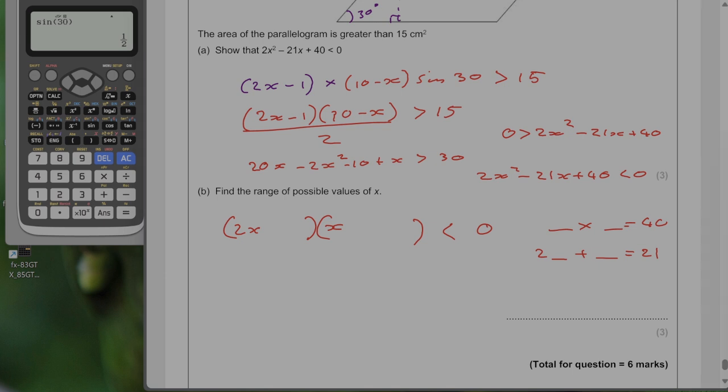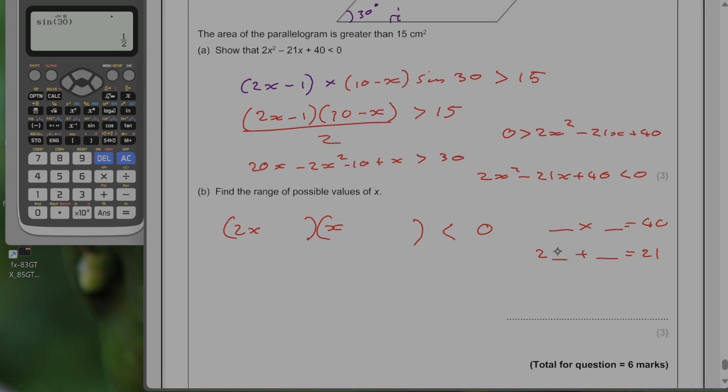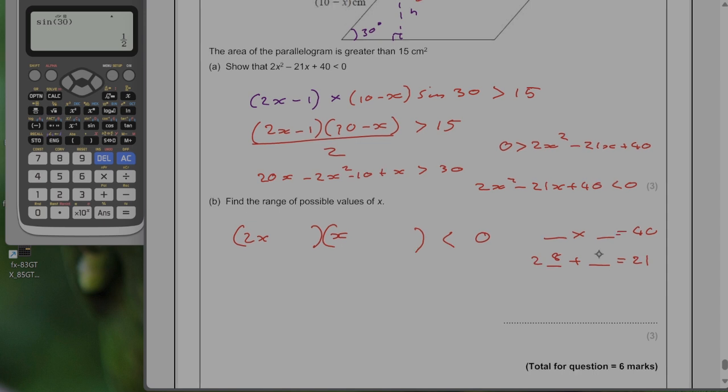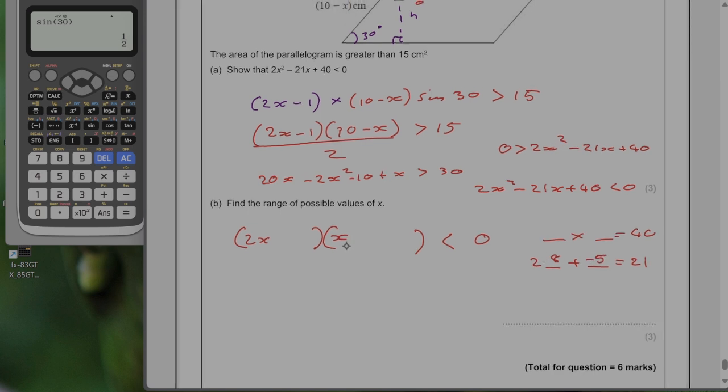So I'm thinking 8 and 5. Which way would that work? So the minus 8 goes in the bracket there, and then the minus 5 goes there. So that gives us two values for x. Either x is equal to 5 over 2 or x is equal to 8.